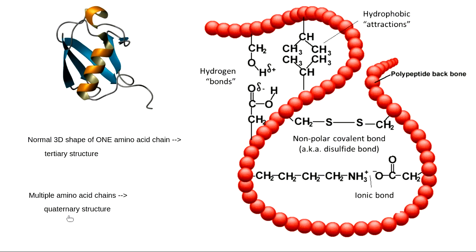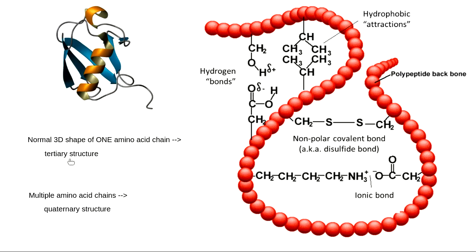So quaternary structure, when we talk about huge proteins like hemoglobin, for example, I have to have more than 1 amino acid chain that are connected to each other. Each of those amino acid chains has to have the right 3D shape by itself.